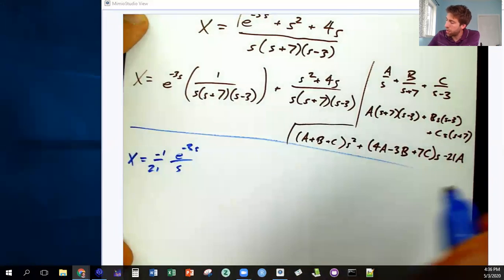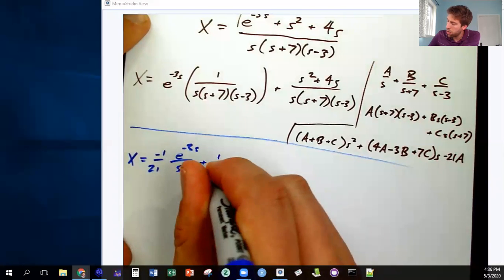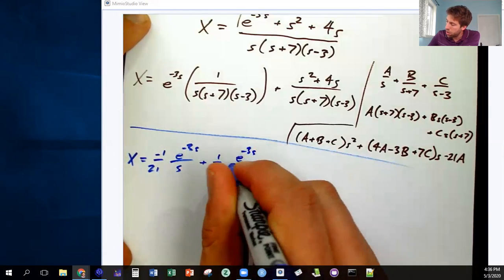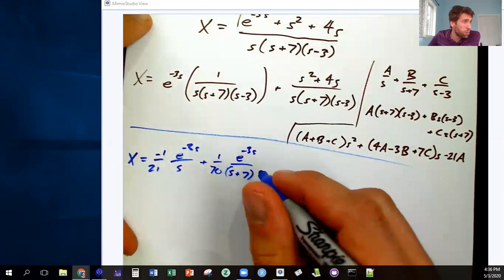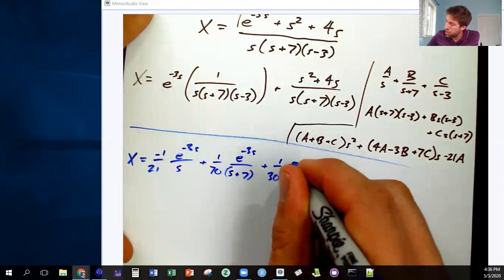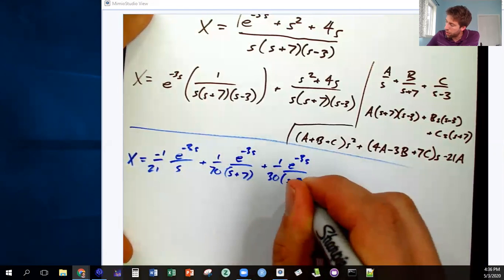make sure there's enough space there, plus 1 over 70 e to the negative 3s over s plus 7, and then plus 1 over 30 e to the negative 3s over s minus 3.